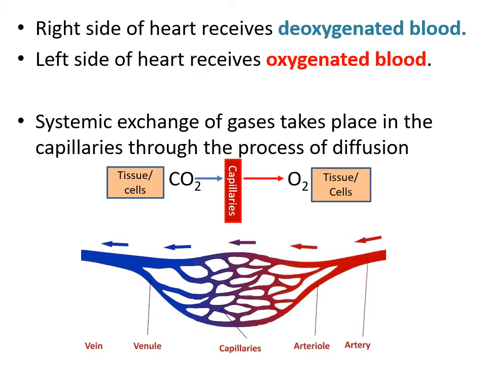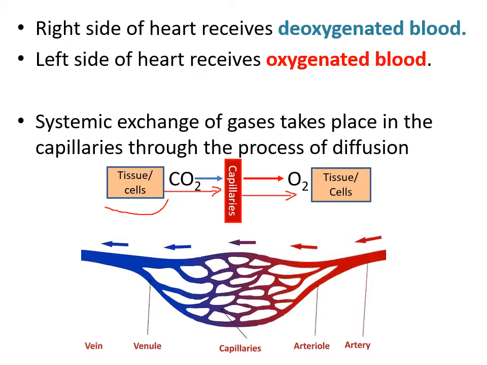If you look at this picture here, you can see there is the tissue and cells. They diffuse carbon dioxide into the capillaries, and the oxygen from the capillaries will go into the tissue and cells.